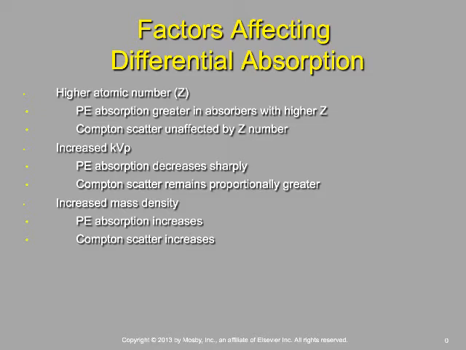PE just in this case means photoelectric absorption. Okay? Compton scatter, on the other hand, is unaffected by Z number. So this is a big plus for photoelectric effect and a big minus for Compton effect. Right? Just another kind of bullet point in our case against Compton effect.